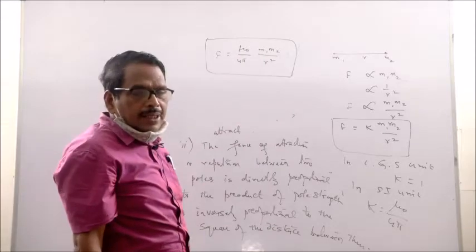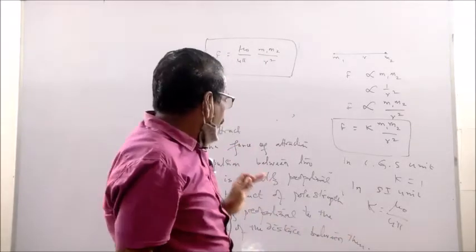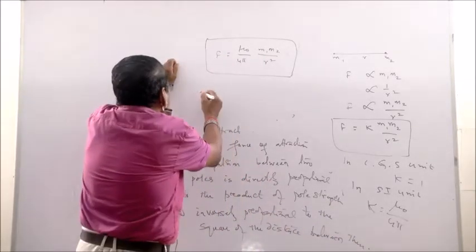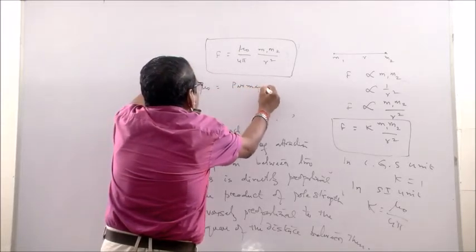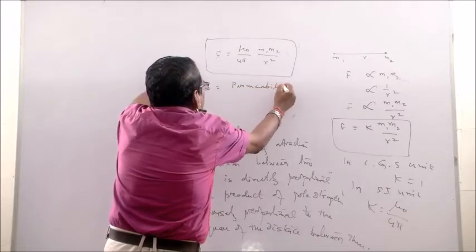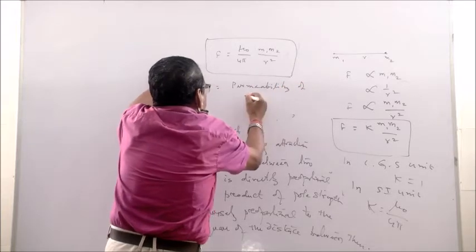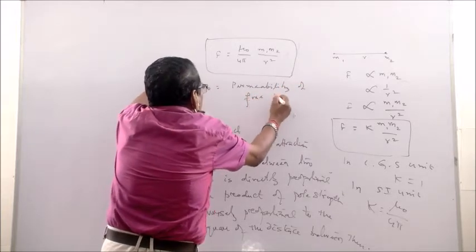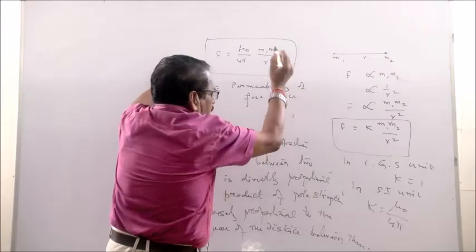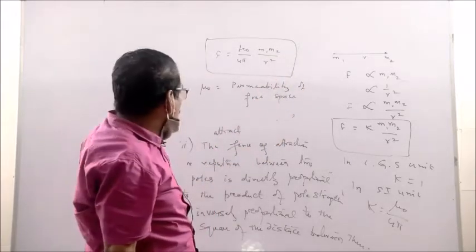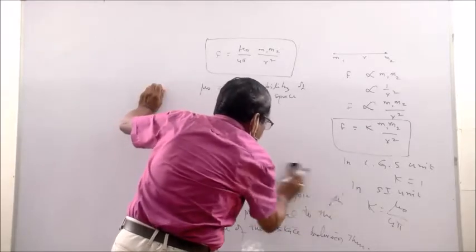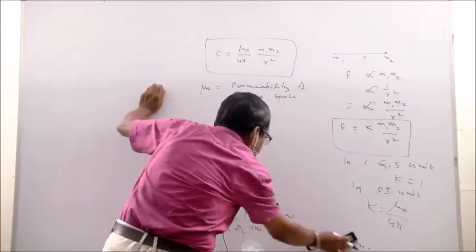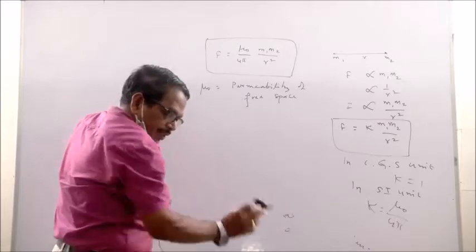When two poles are there and the distance between them is r. What is mu 0? Mu 0 is called permeability of free space. Remember this, permeability of free space or vacuum. How it permits the magnetic lines of force to pass. Its value is fixed.